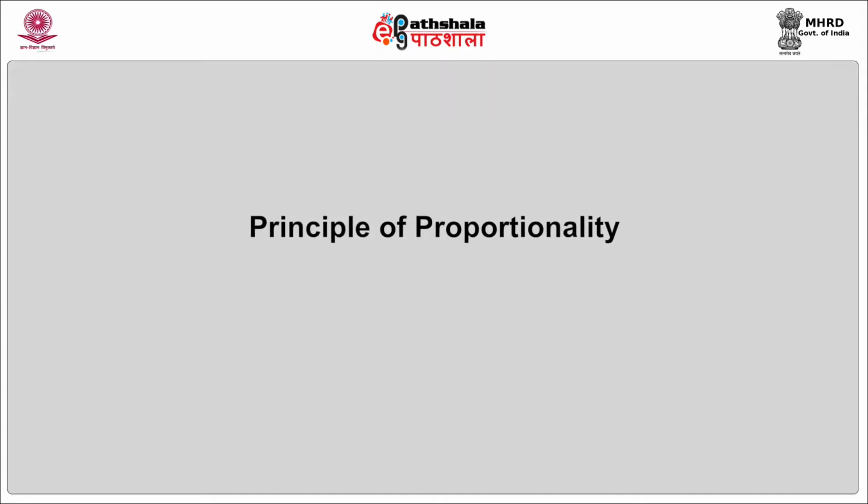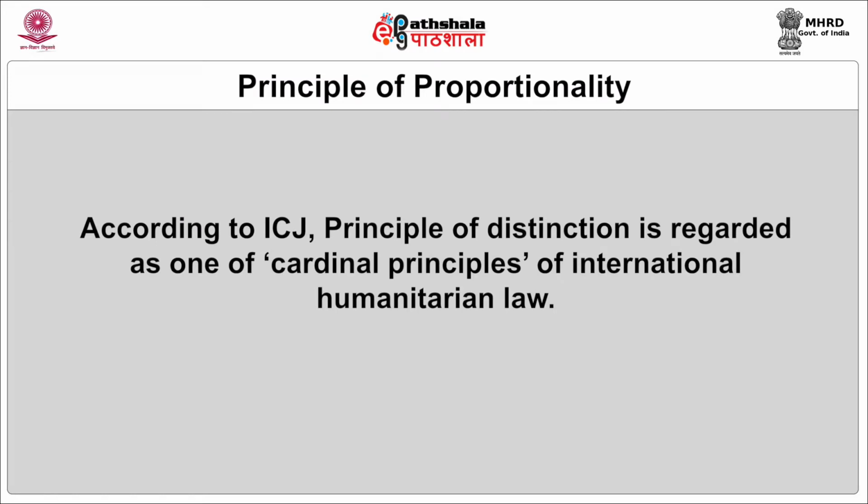Principles of proportionality. According to the ICJ, the principle of distinction is regarded as one of the cardinal principles of international humanitarian law. It distinguishes between military objectives and civilian objectives and only permits measures directed at military objectives.